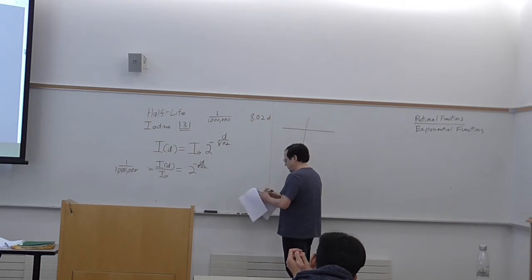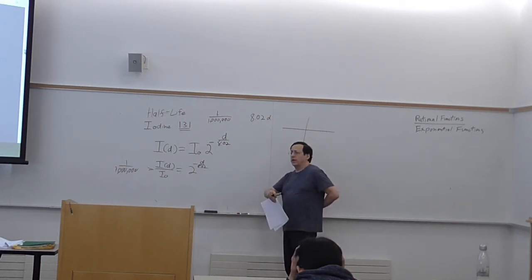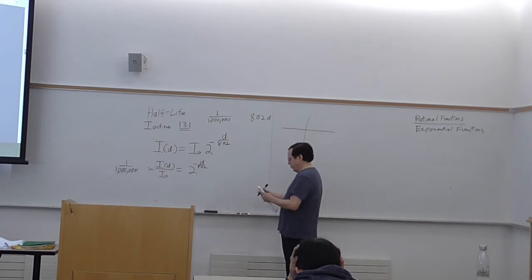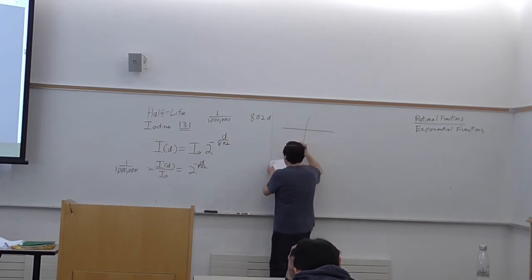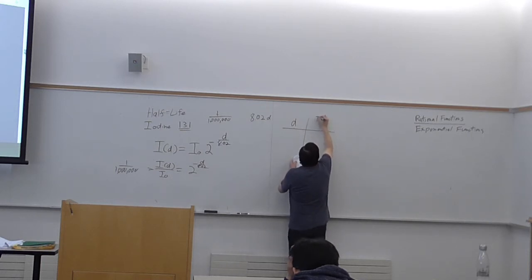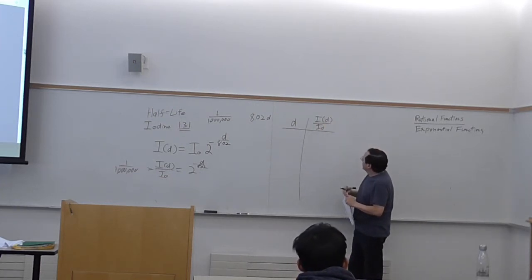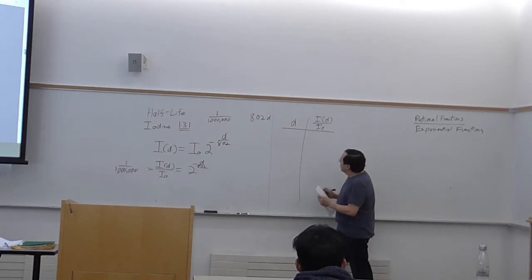That's how I worked it out. I tied my log hand behind my back, since we don't know how to do that yet. So here we have number of days, and here we have this ratio, current amount divided by original amount.